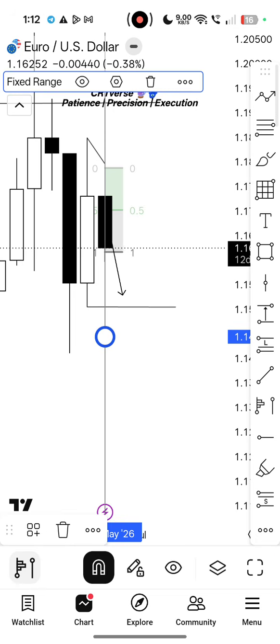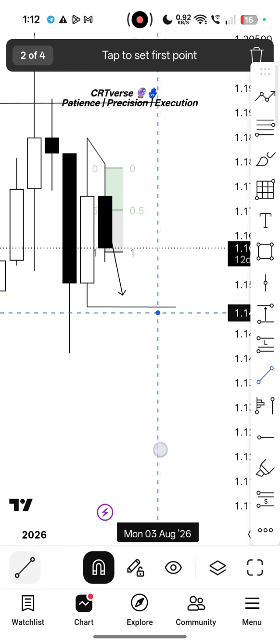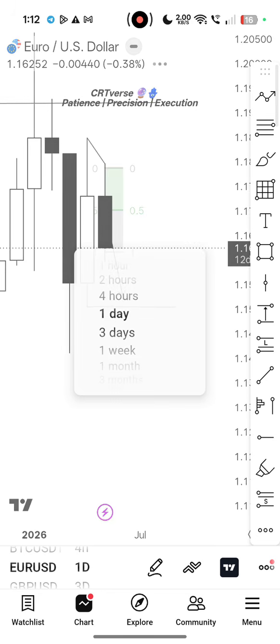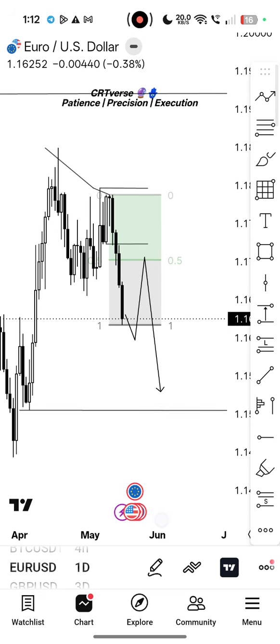For this week, this is our potential DOL, which is easier for the price to take first. So this is what I'm expecting. Alright guys, that's it. This is what I'm expecting for the next week to happen in EURUSD.